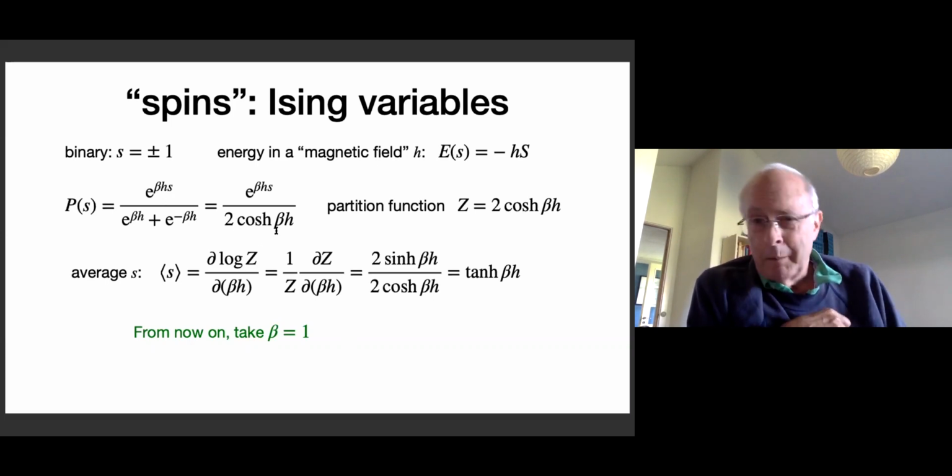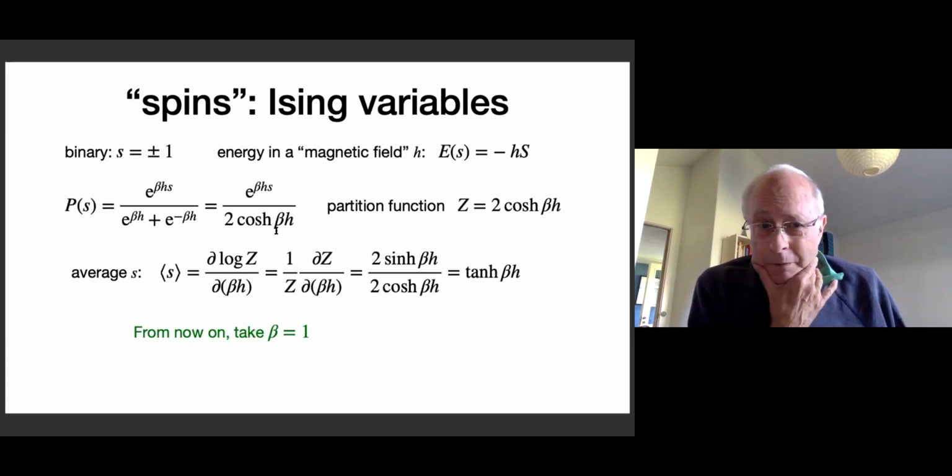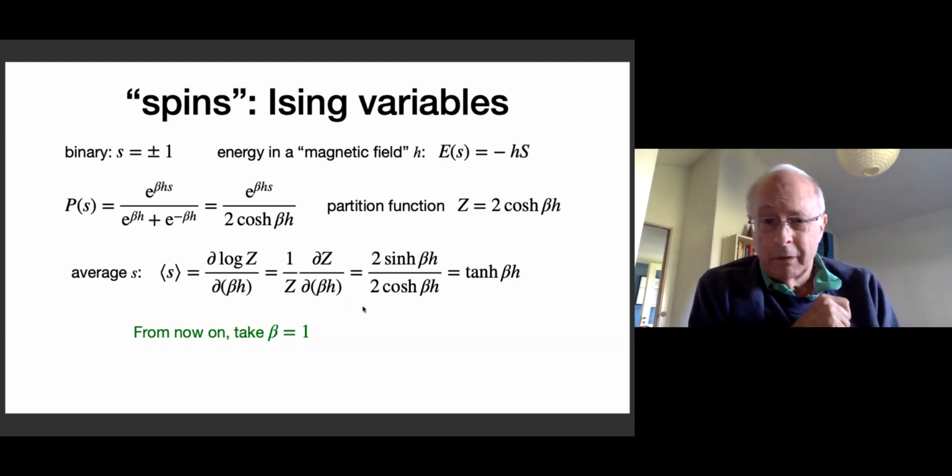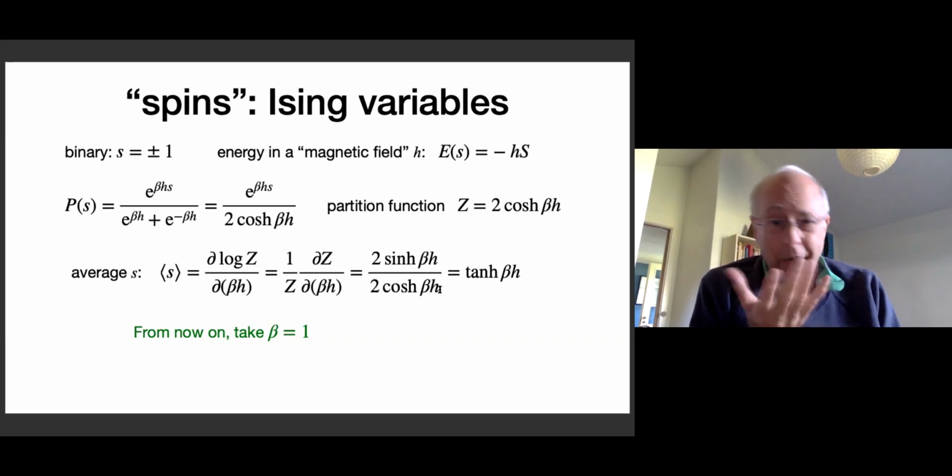That thing in the denominator is the partition function. And we can get, for example, the average S by differentiating log Z with respect to beta H, because that's 1 over Z times the derivative. The derivative of the hyperbolic cosine is the hyperbolic sine, and the ratio is the hyperbolic tangent.